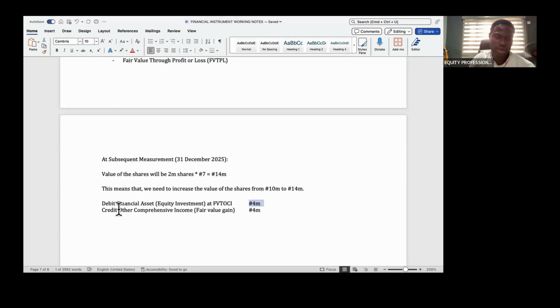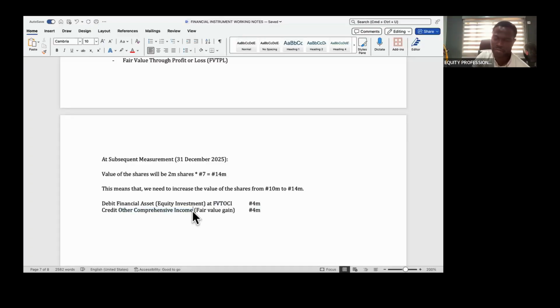And we're going to credit other comprehensive income with a fair value gain with the same 4 million. And the reason is because this financial asset is classified and measured at the end of the year at fair value through OCI, which means that any changes in fair value in these shares shall be recognized to other comprehensive income.